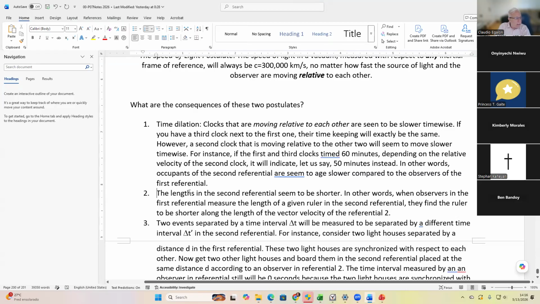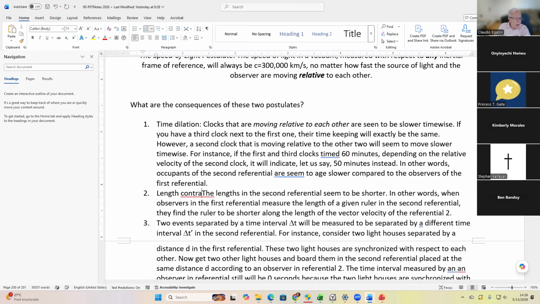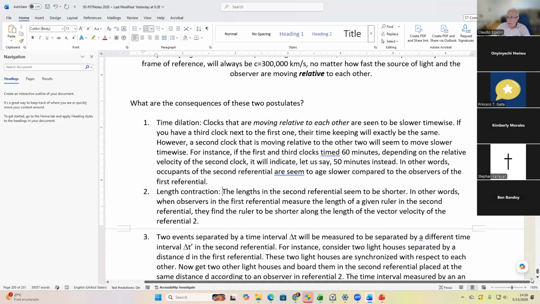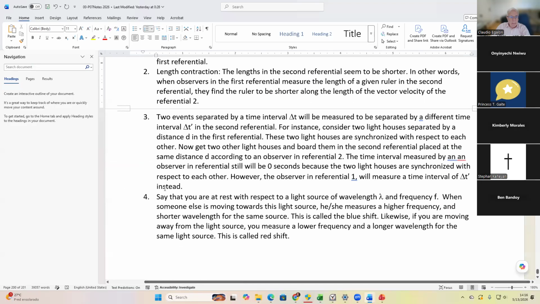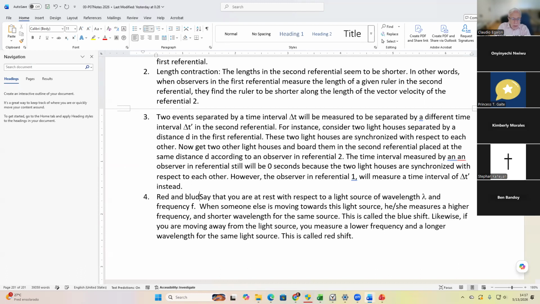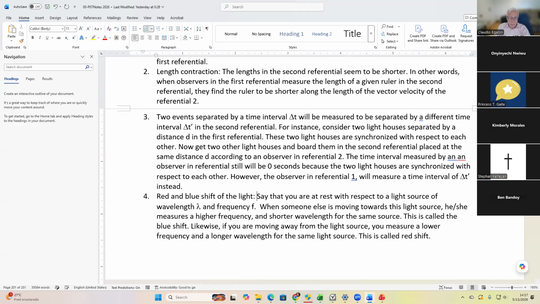This other effect here, we call it length contraction. Second one here. And here you go, we call the red and blue shift of the light, which was exactly what Edwin Hubble measured for the first time for the galaxies that are very far away from the Earth.